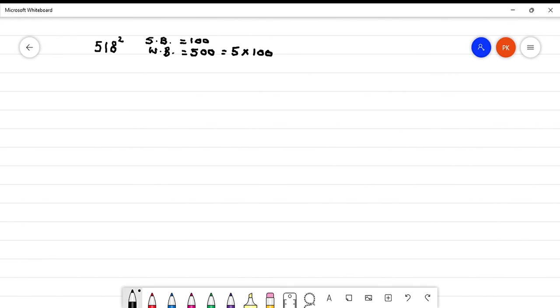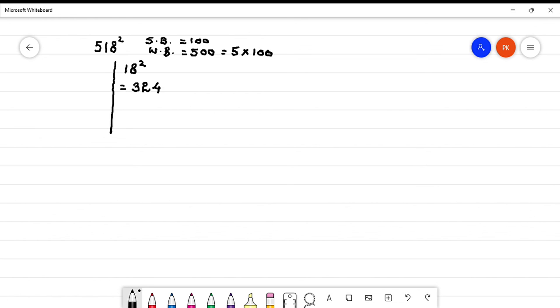So make a partition. On the right hand side of the partition, square 18, and already we have found the 18 square by using base 10 method. 18 square is 324. Obviously you can find this 18 square on the side by using the base 10 method, but since already we have got it, I am using it here.